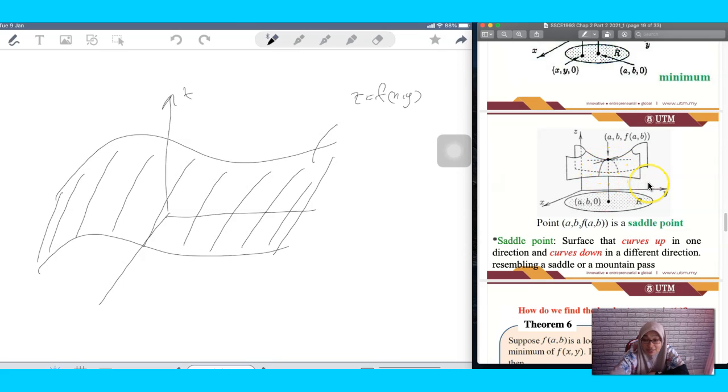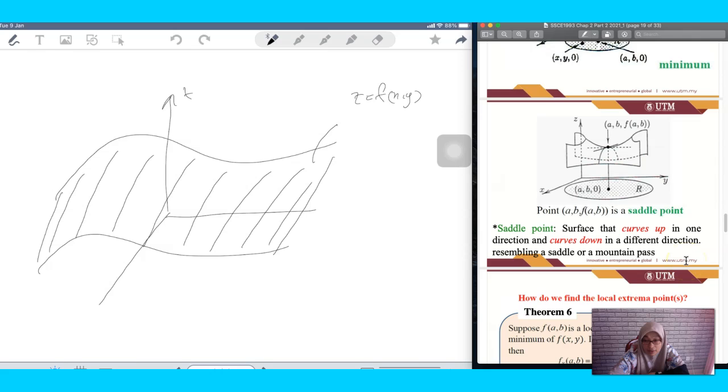So there is a maximum and minimum at the same point, so we call that a saddle point. So what is a saddle point? A saddle point is a surface that curves up in one direction and curves down in another direction. When we join them, we have just like a saddle curve or mountain pass.